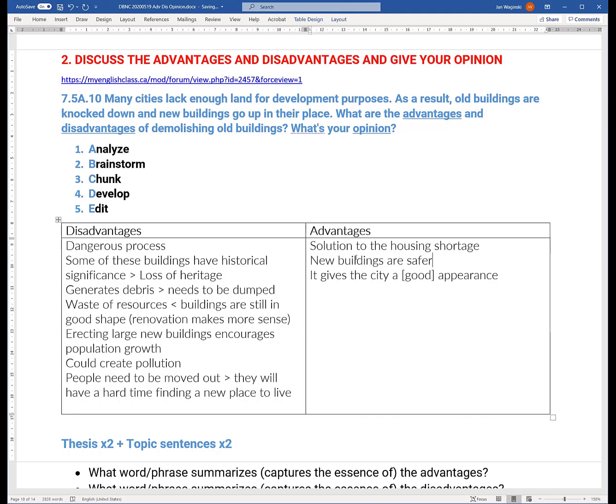Okay. Now, when you say they're more modern, that's not an argument by itself. You have to explain why being modern is better. Right, so don't just say they're more modern. Yes. Okay, so new buildings are safer, okay?